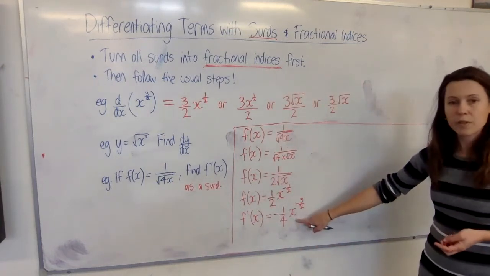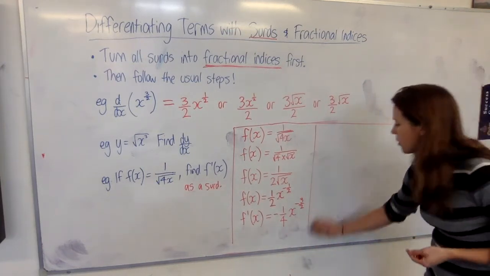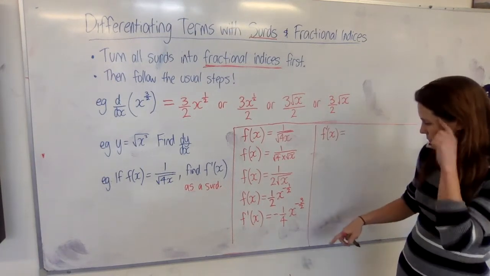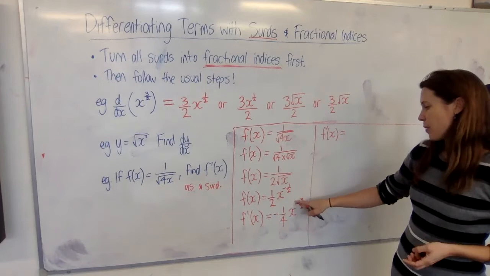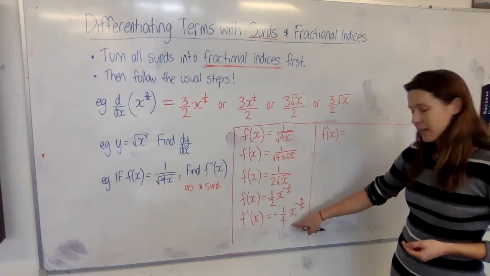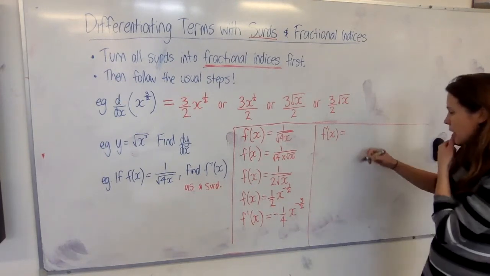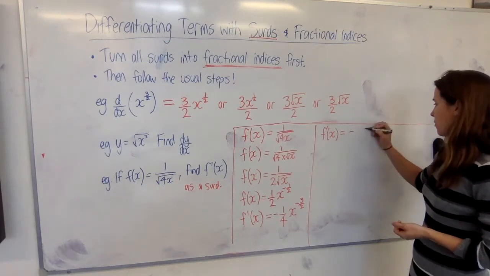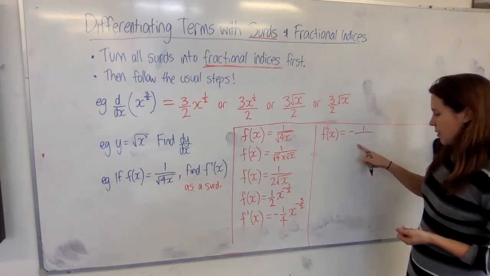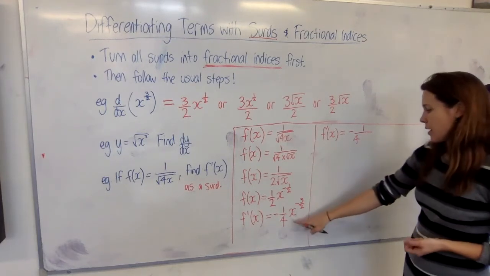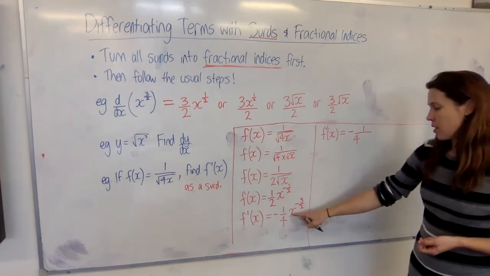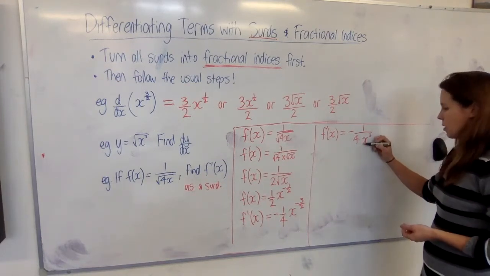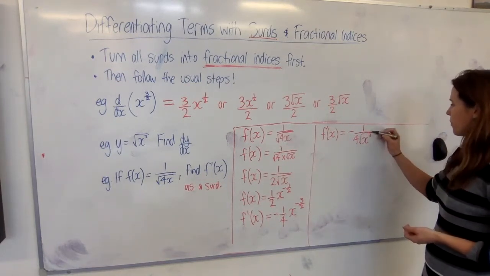So now I need to just fiddle with this expression to get it looking like a surd. So f dash x equals, now if it's to the power of minus something, that means the x needs to go back downstairs. So on the top I've got minus 1, or I could just put a minus out the front and put a 1 here. And on the bottom I've got 4, and I've got x to the power of 3 over 2. Now that means x cubed, all inside a square root.